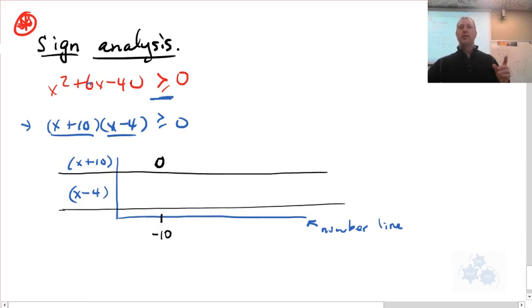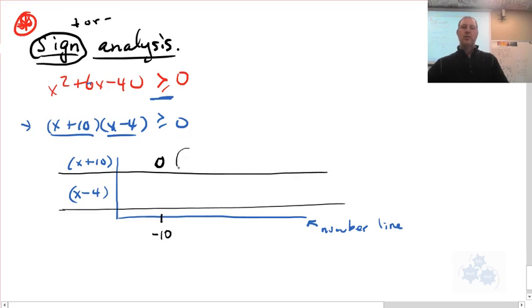Now what you do is you actually use the signs, plus or minus, positive or negative, to show where this factor is positive or negative. So for example, if I have a value that's greater than negative 10, like 0, what does this factor become, positive or negative?